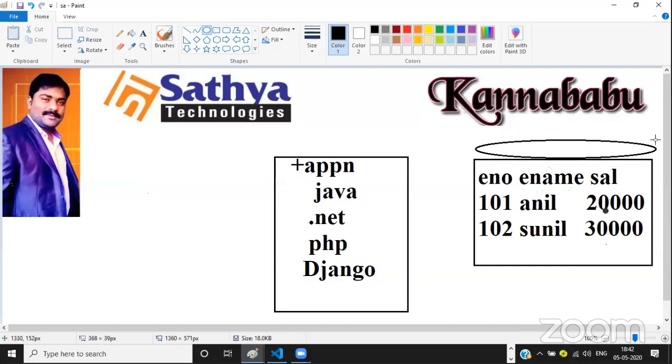Which developer? Java developer or .NET developer or PHP developer or Django developer. Now all these developers must speak with the database. So every web application developer must have the knowledge of what? Databases.